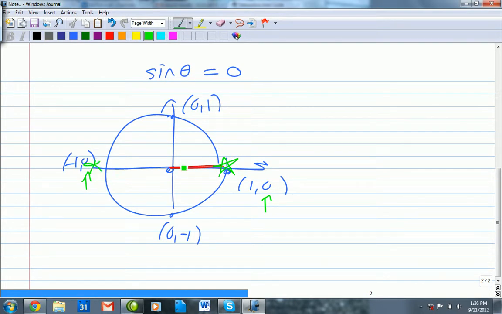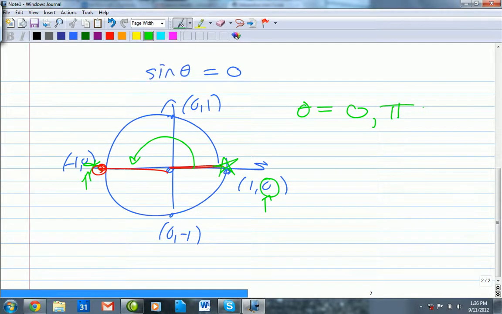So of course, one answer is to not go anywhere, so 0. Right? Don't rotate at all. Sine is 0. Another solution would be a full half turn, which would land me at the other terminal point. Of course, that's 180 degrees, but we're talking radians, so it's going to be pi radians.